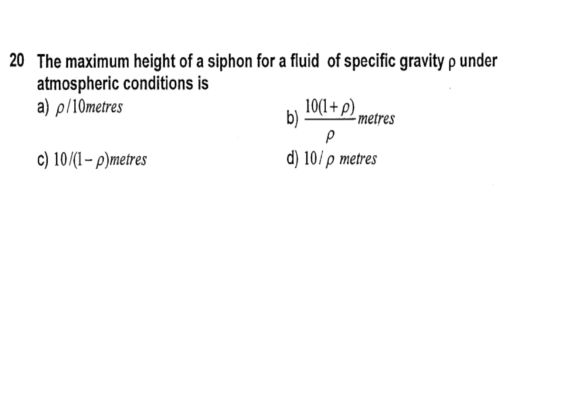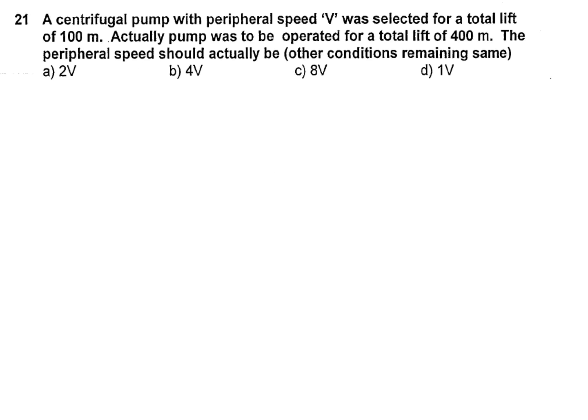A centrifugal pump with peripheral speed V was selected for a total lift of 100 meter. Actually, the pump was to be operated for a total lift of 400 meter. The peripheral speed should actually be, other conditions remaining the same?